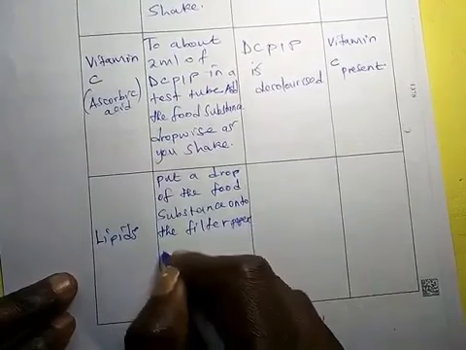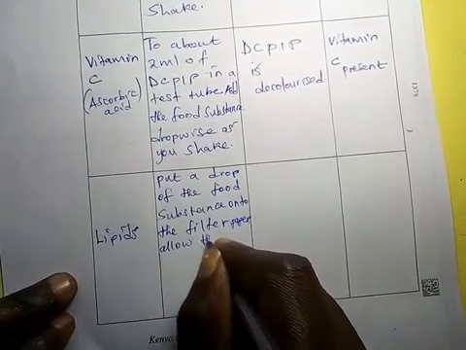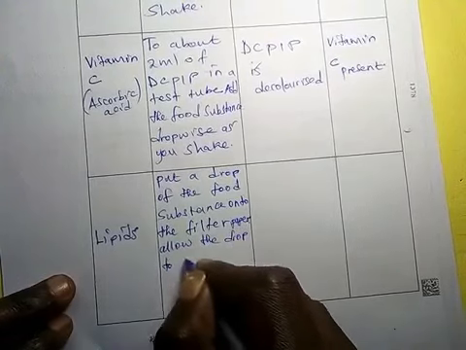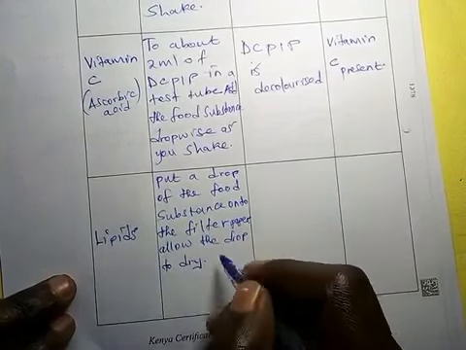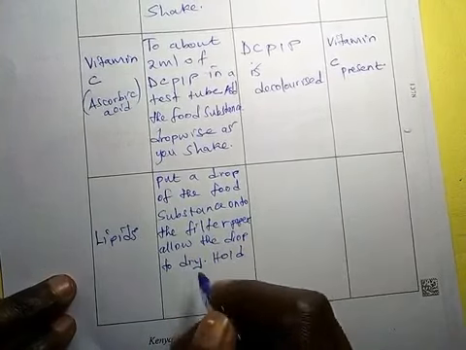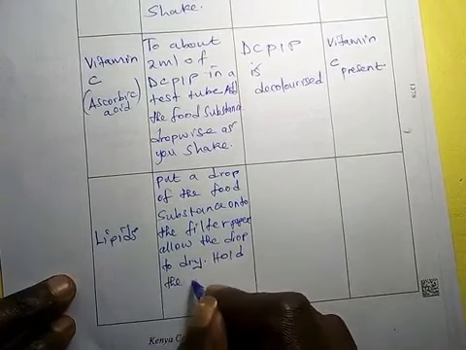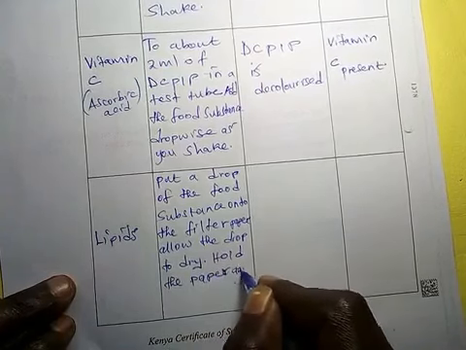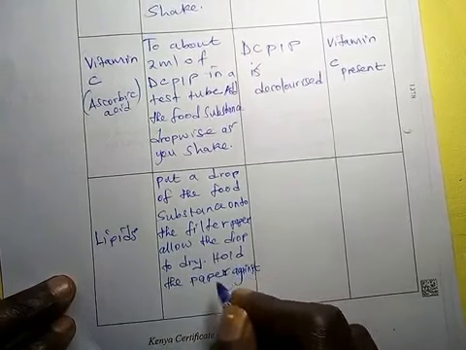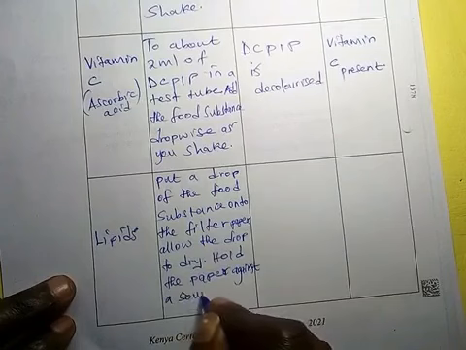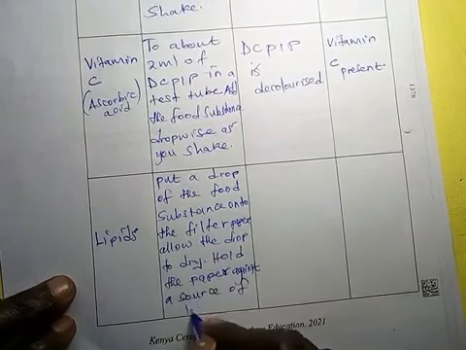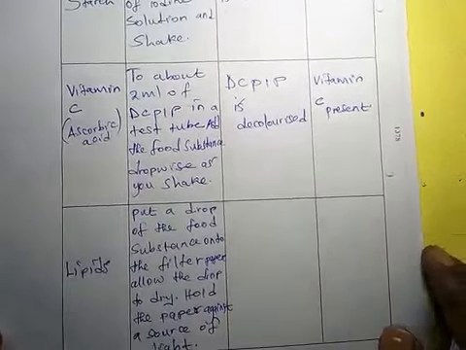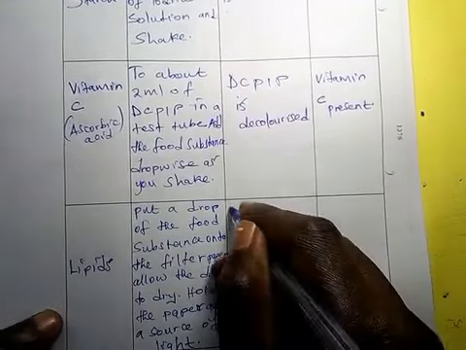Allow the drop to dry in the filter paper. Then hold the filter paper against a source of light. The observation will be not translucent or not transparent.